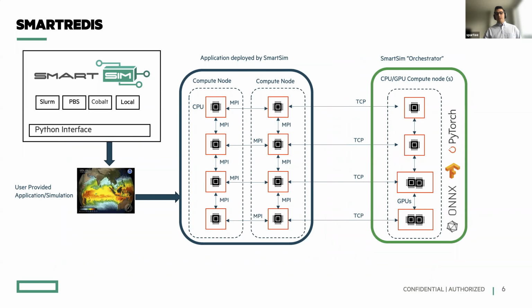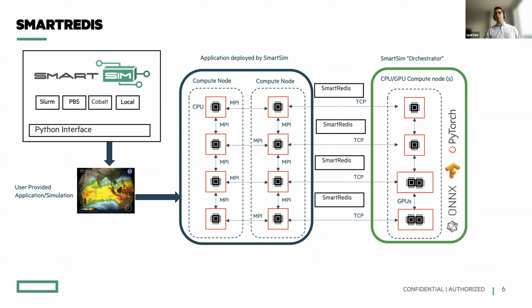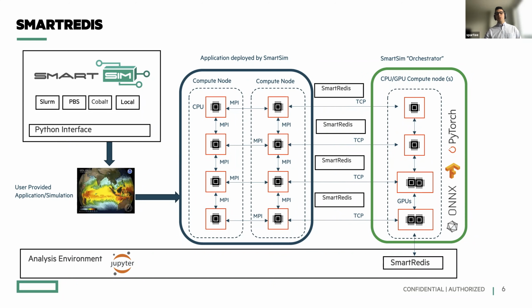So what does SmartRedis do? Well, SmartRedis is the client paradigm that you include inside of your simulation or workload, and it connects your simulation to this orchestrator. It includes the commands, you'll actually see the API later, but it also includes the ability to connect as many clients as you may like.